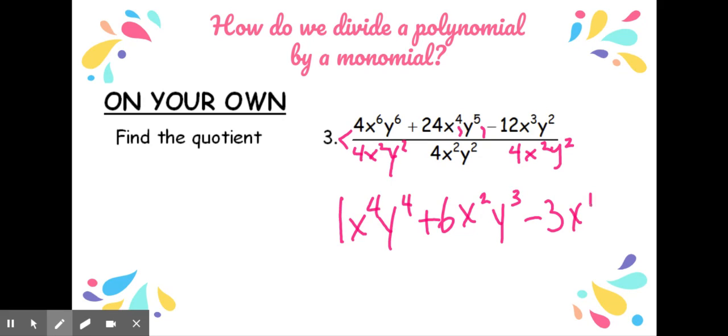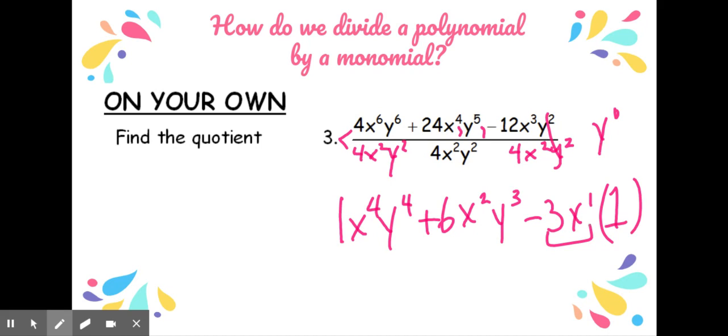And then y squared divided by y squared. Now again, those could cancel out. You could put y to the 0, but again, anything to the 0 power is 1. So you shouldn't even write it unless it's like a whole term. But we already have the 3 and the x there. So if you put a 1 there, you're just really going to keep that 3x because anything times 1 is itself.